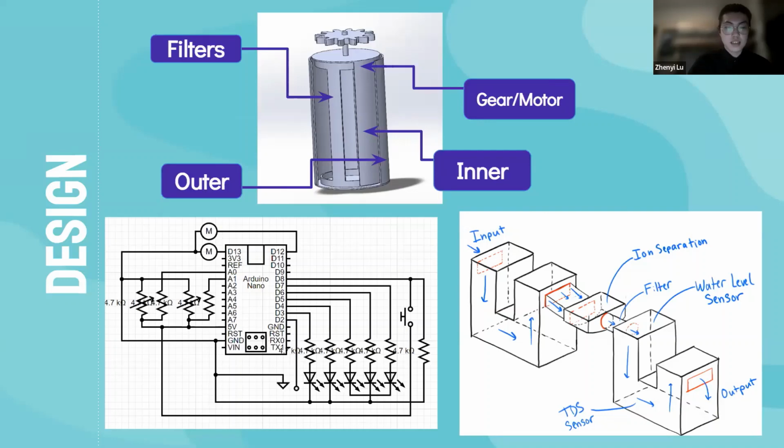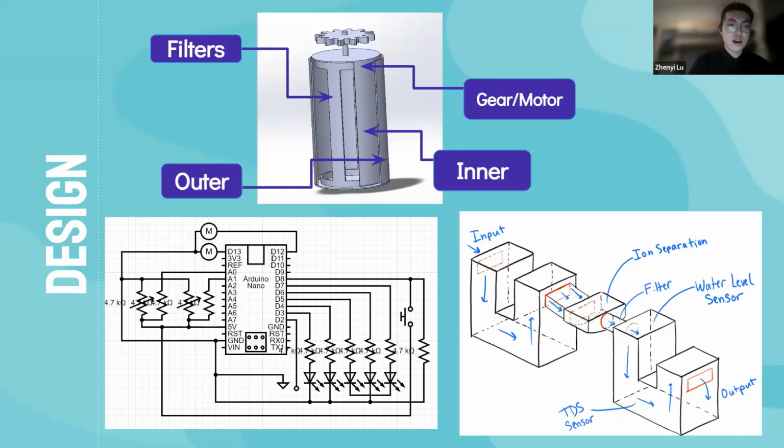At the first step, the water gets in from the input and goes through the anode to form a precipitate of the heavy metal, and the filter will filter out the rest of the metal from the polluted water. And at the end of the process, the TDS sensor will check whether the water is polluted or not polluted.